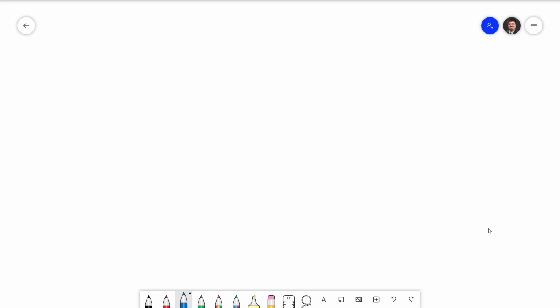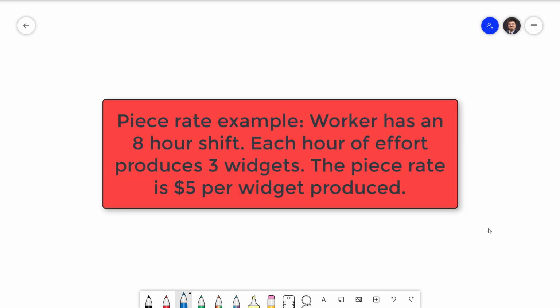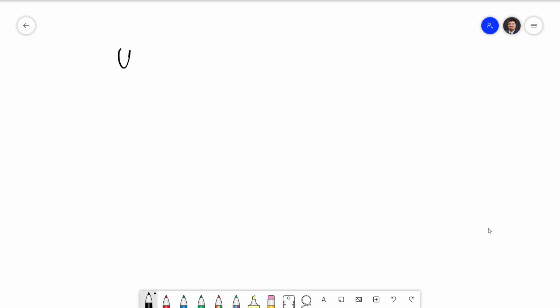Let's look at an example of a piece rate. Suppose we have a worker who works an 8-hour shift in a factory making widgets. She can build 3 widgets an hour and gets paid a piece rate of $5 per widget. We're going to continue with the utility function u(s,m) = s^(1/3) m^(2/3). We now want to write out our budget line.